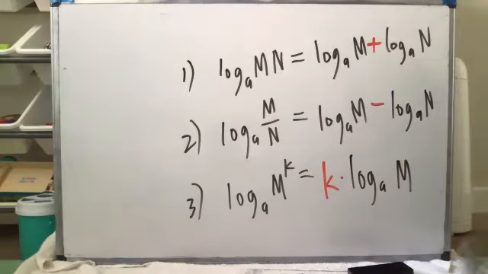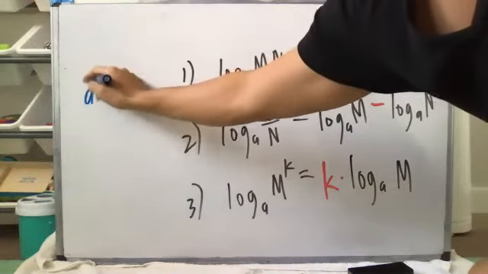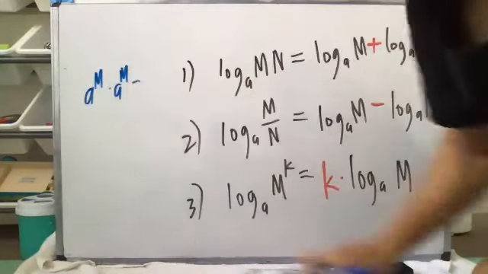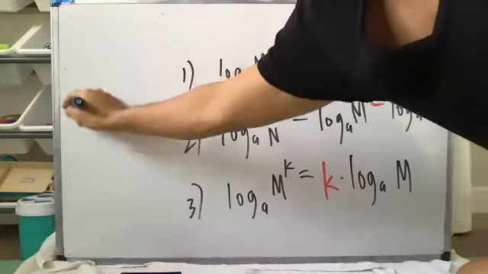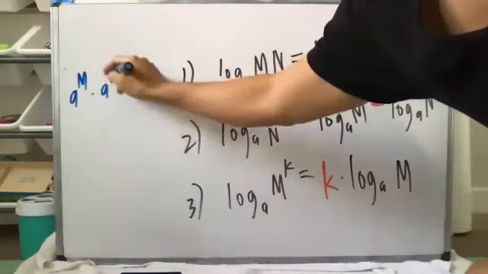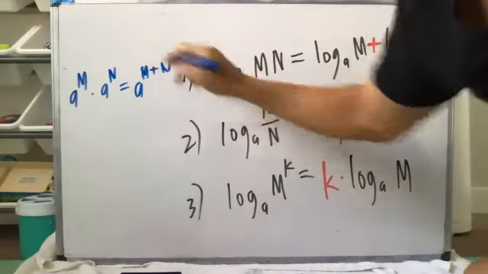So each of these has an exponential counterpart. If you think to the exponential functions, a to the m times a to the n is equal to a to the m plus n.